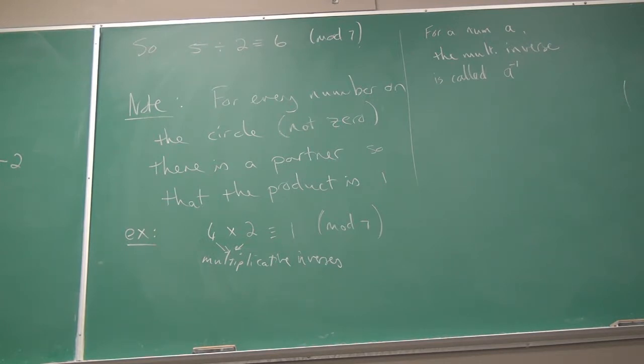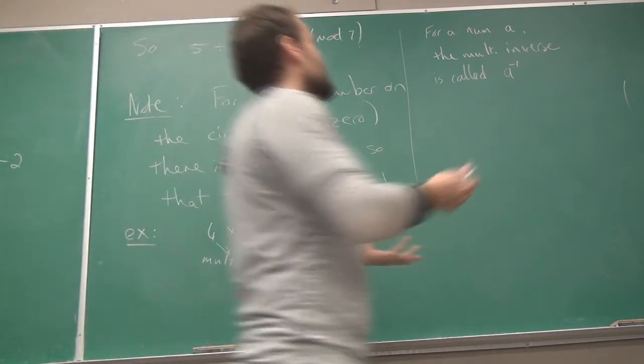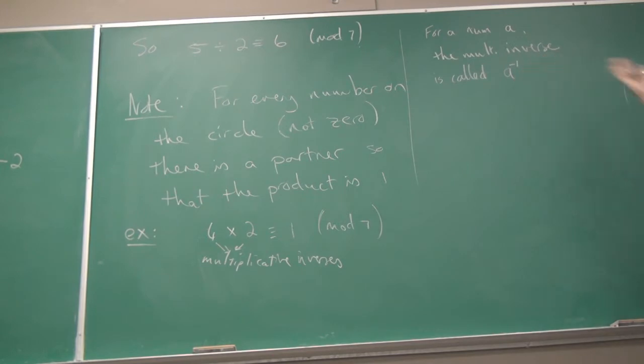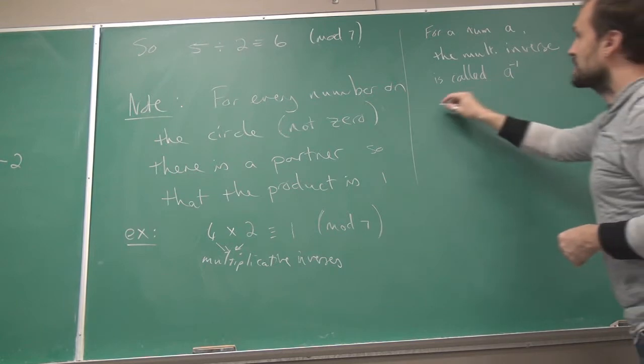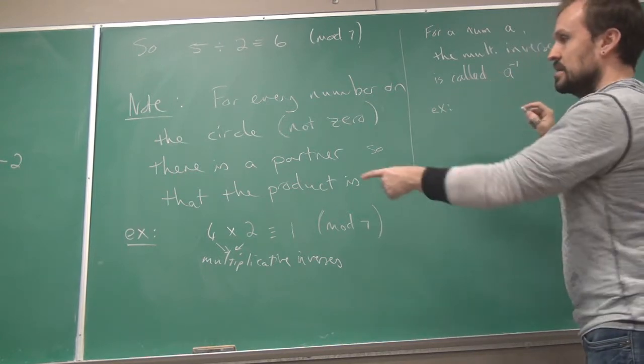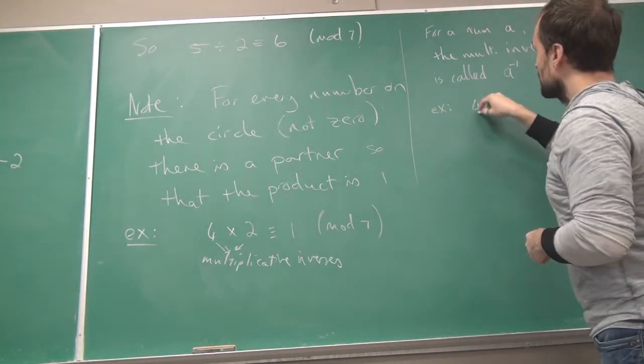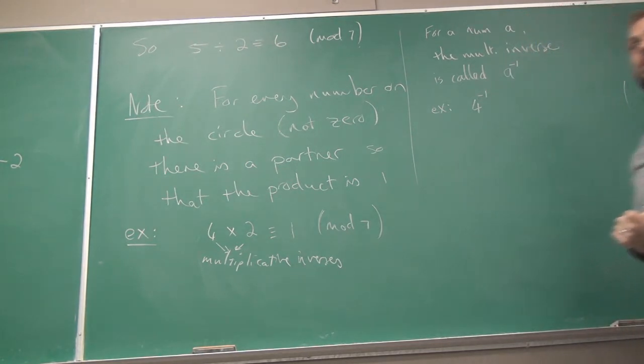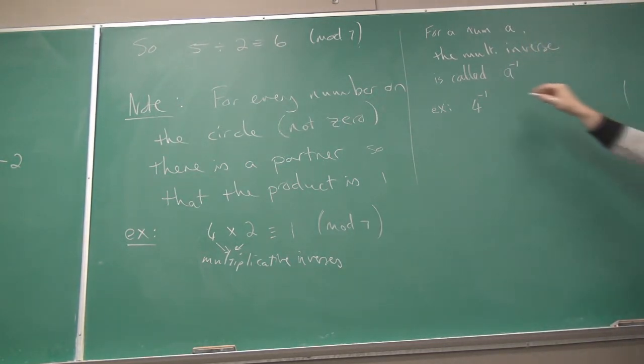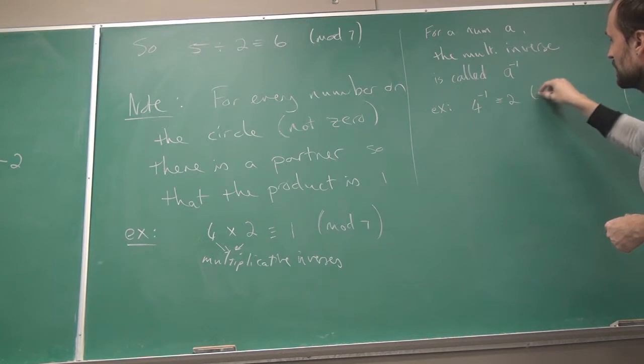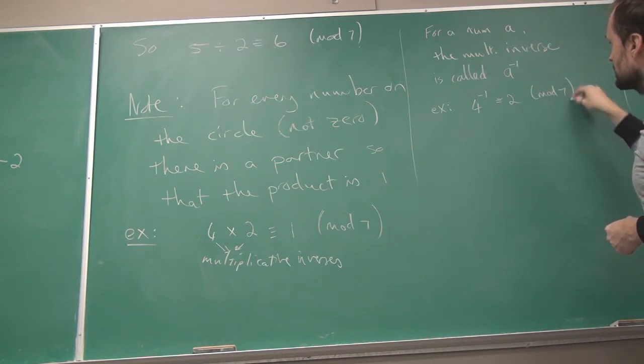A negative indicates opposite, but it's a different kind of opposite, so I put a little -1 up at the top. So we can say, for example, the multiplicative inverse of 4 is 2 mod 7.